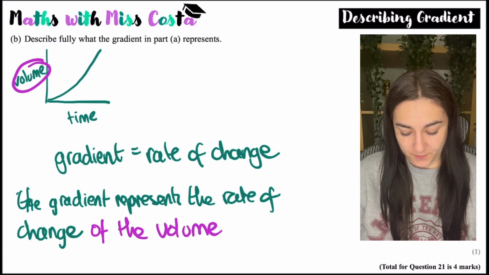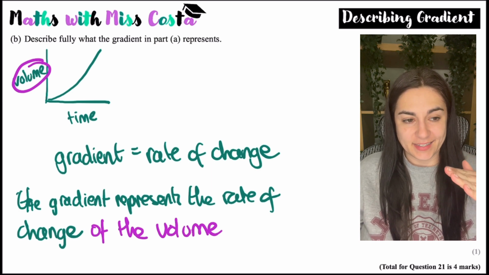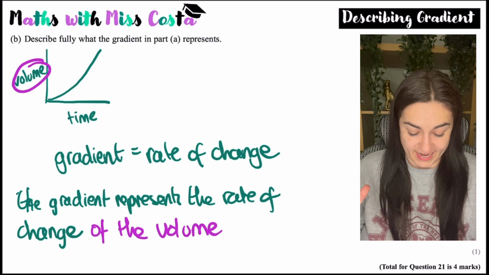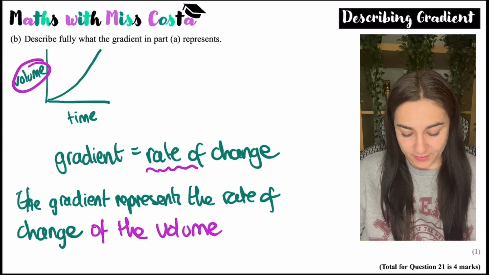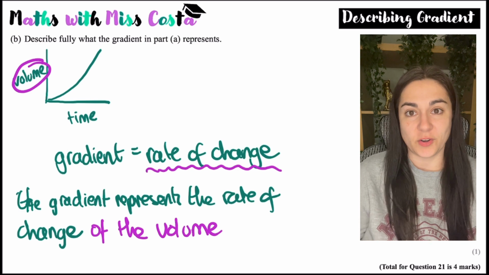Okay, so essentially how much water is being added at what rate into the container. So gradient is generally representative of the rate of change, and then you just put it into context of the question.